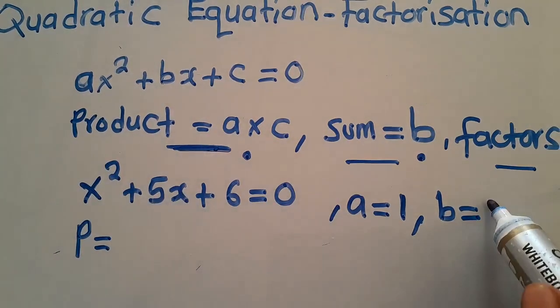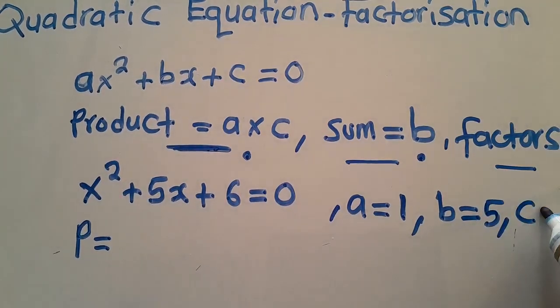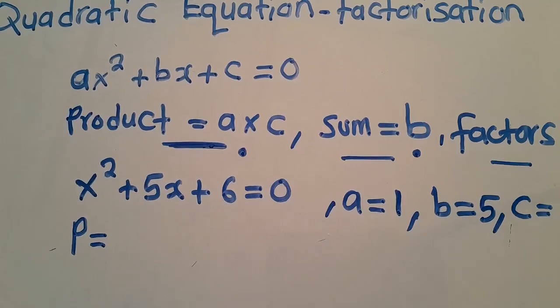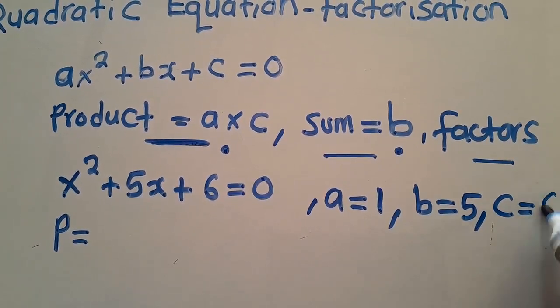Your B is 5. What is your C? Your C is 6. So we now have A, B, and C.